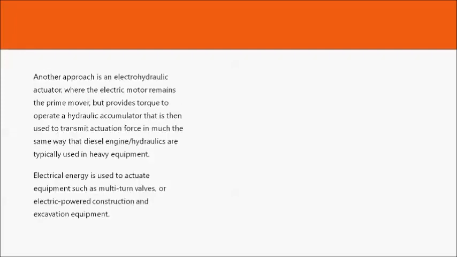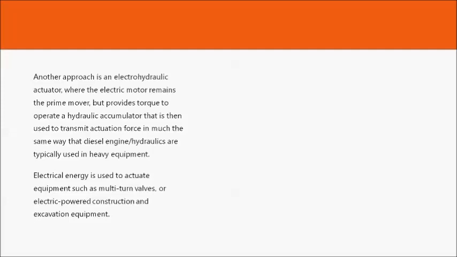Okay, another application is an electro-hydraulic actuator, where the electric motor acts as a prime mover but provides torque to operate a hydraulic accumulator that is then used to transmit actuation force in much the same way that a diesel engine or hydraulics are typically used in heavy equipment.